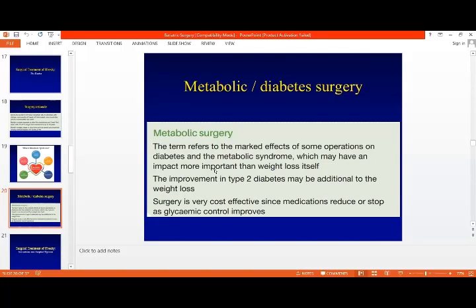And type 2 diabetes improves a lot, and the patient may not need any medication for type 2 diabetes. So surgery is actually cost effective as well, because you stop all the medication, and glycemic control is much better without any medication. So in other words, you can cure type 2 diabetes by bariatric surgery in certain patients. So this is called metabolic surgery as well.